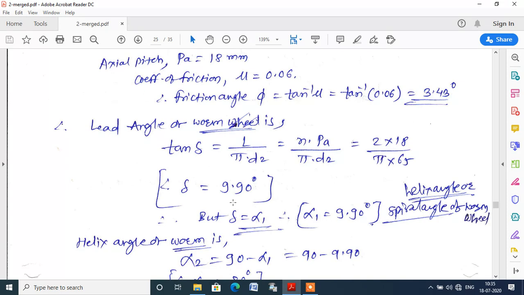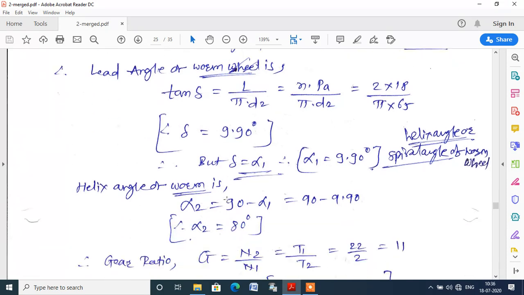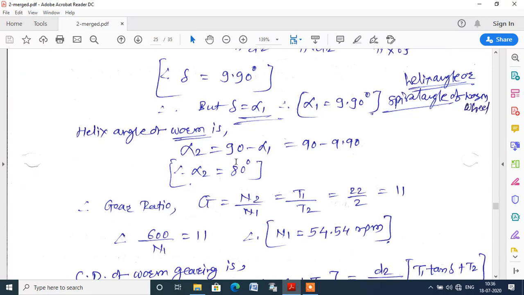We know that alpha 1 equals delta, so alpha 1 is 9.90 degrees, which is the helix angle of worm, considering the spiral angle of worm the same as the helix angle. But we know that the worm and worm wheel shaft angle is always 90 degrees, so alpha 1 plus alpha 2 equals 90. Therefore alpha 2 equals 90 minus 9.90, so alpha 2 is 80 degrees.